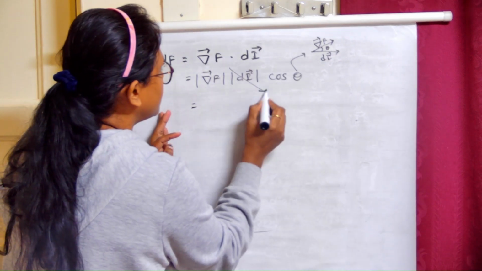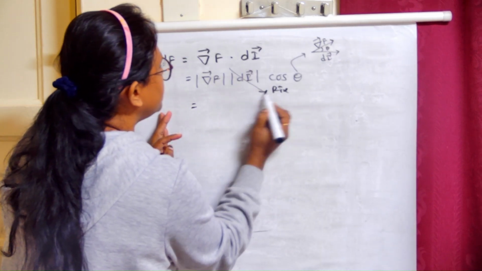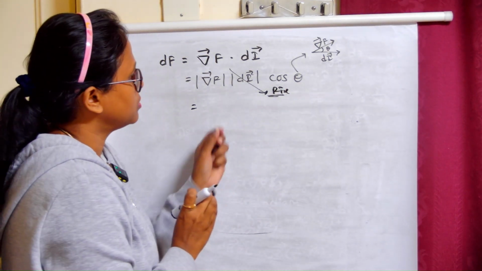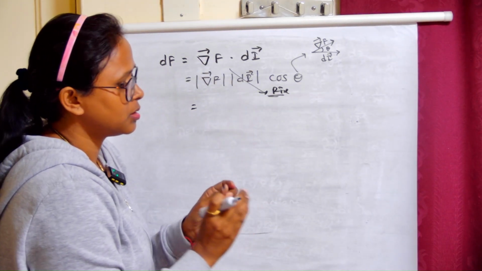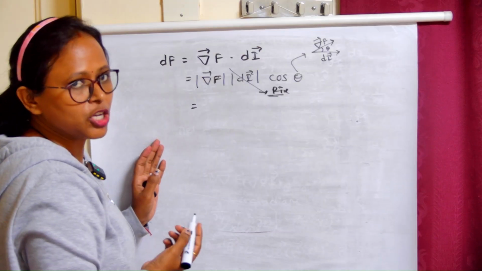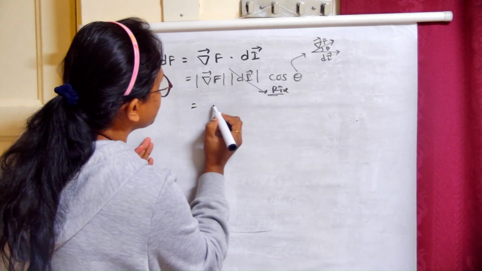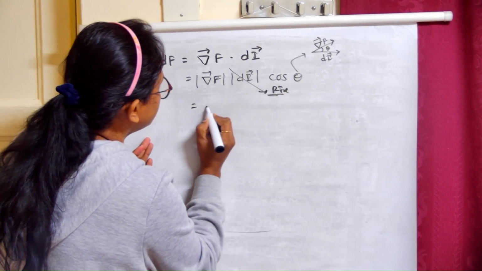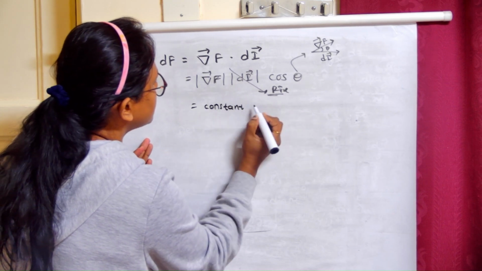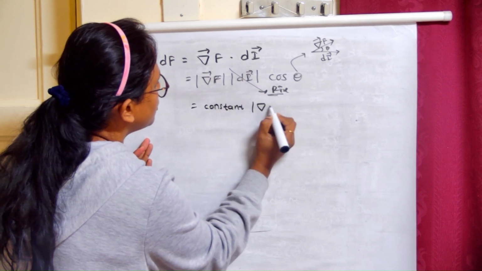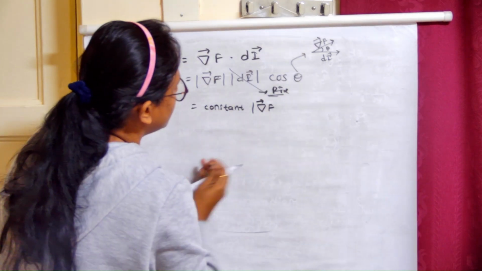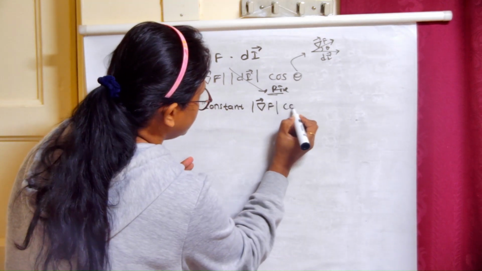Fixing d l bar, keeping it as constant, that means moving through an infinitesimal distance, a small distance from the point of consideration in the scalar field f, the remaining term is the magnitude of gradient of scalar field f and the cos theta.